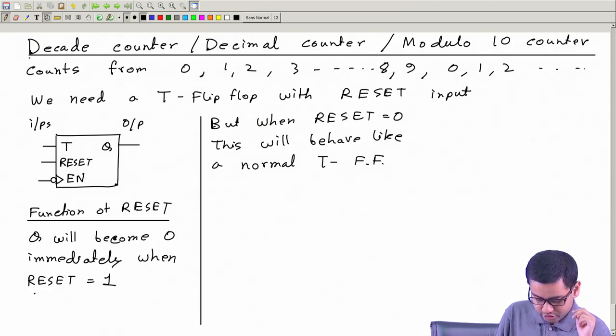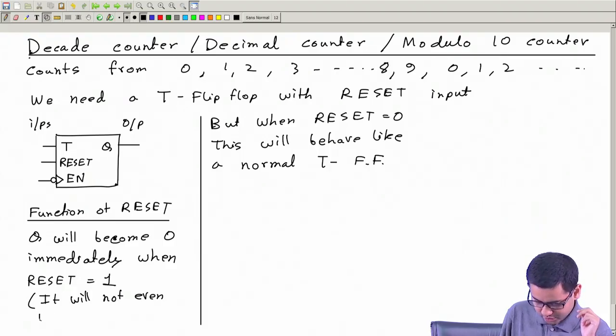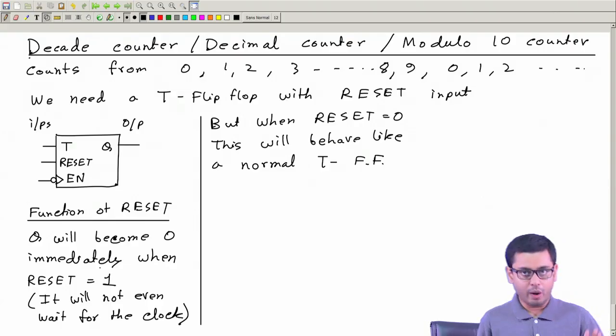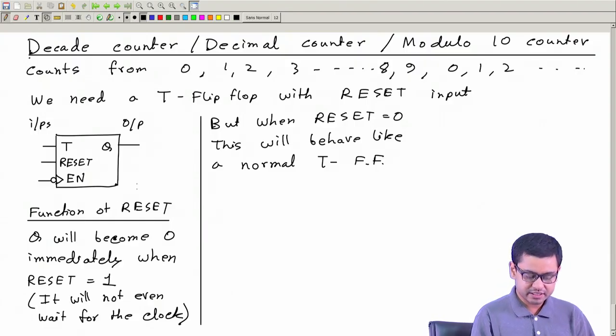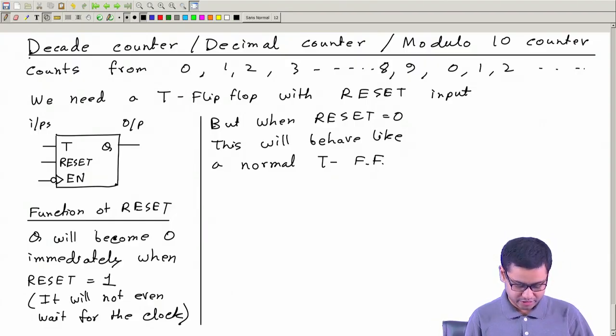Immediately means it will not even wait for the clock. This is the behavior of this flip-flop, and that is what we want.